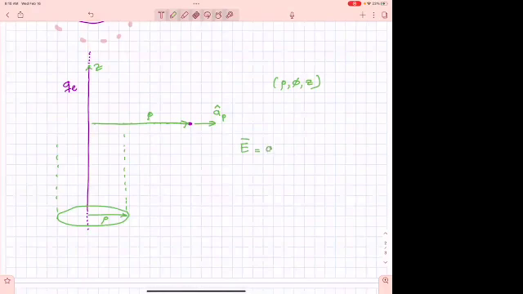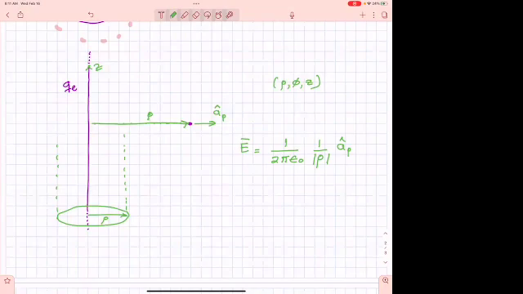How it's gonna be in the denominator, you remember? Okay, 1 over rho.